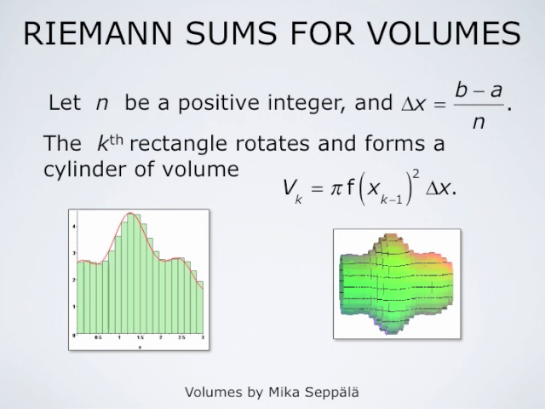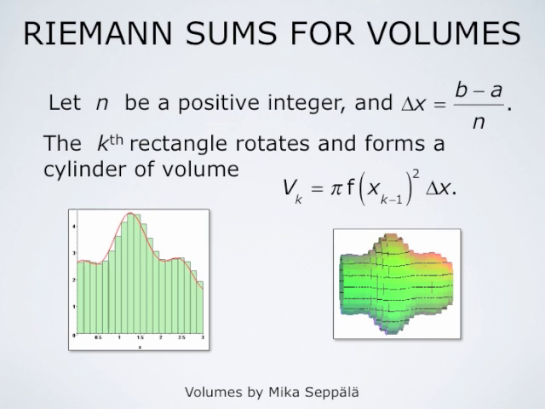Therefore, the volume of the cylinder is base of the cylinder times height. Now the height of the cylinder is delta x. The base of the cylinder is going to be a disk of radius f at x_{k-1}. That is the same as the height of this kth rectangle.